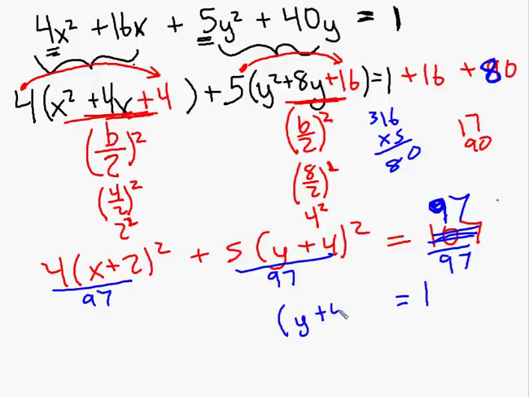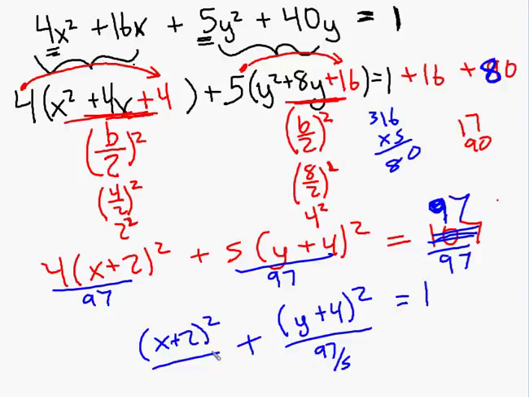So on the right, on this y, I'm going to have whatever 97 divided by 5 is. Like there must be a 1 there. So that's down there. And then a y plus 2 squared. So we have 97 divided by 4. Whatever that is.